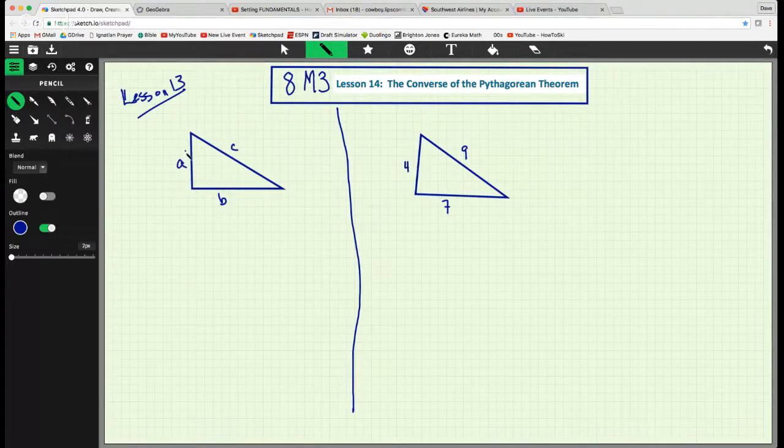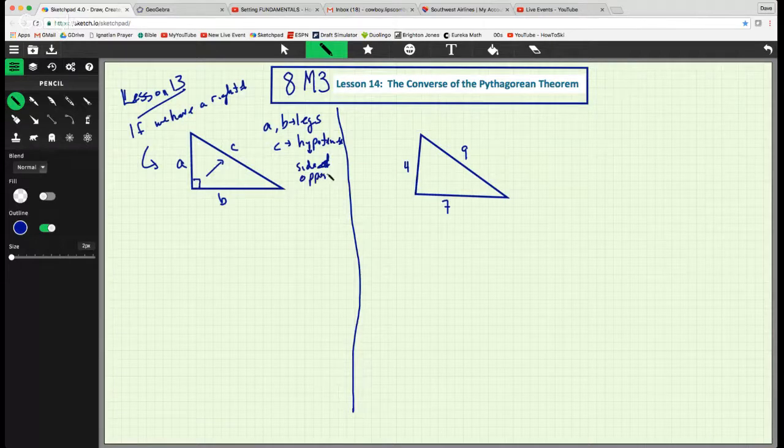So lesson 13 says that if we have a right triangle that looks like this, where A and B are legs, and C is the hypotenuse, right? So C is the side opposite the right angle. That's important.